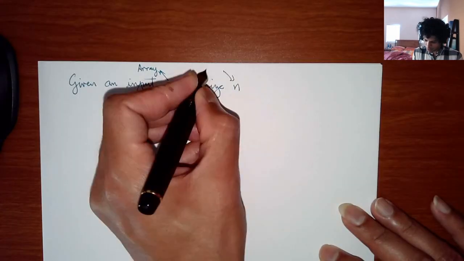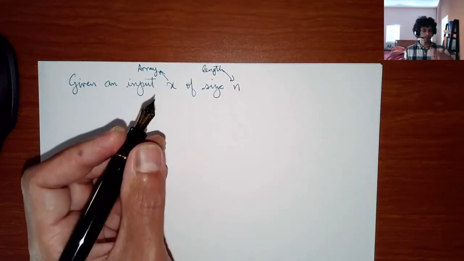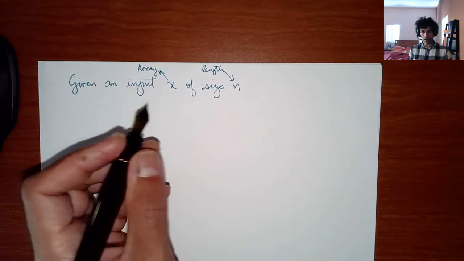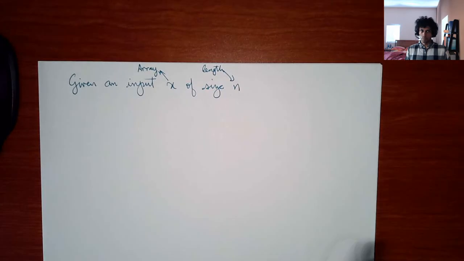This is the length of the array. The reason that I write x and n is that, in general, this could be some other kind of input, some other problem. Right now we're thinking of arrays and sorting, but you can apply this for any problem that we will work on.